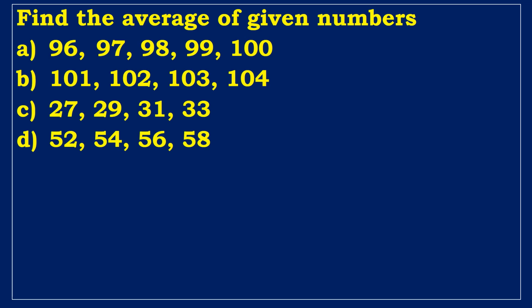To find the average of the set of numbers 96, 97, 98, 99, 100, you need to add all the numbers together and then divide that sum by the total number of numbers. But there is a really interesting math trick behind it. For a set of consecutive numbers, the middle number is always the average, also known as the mean of the set.